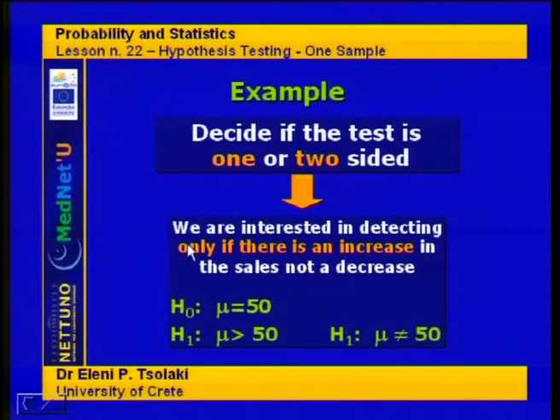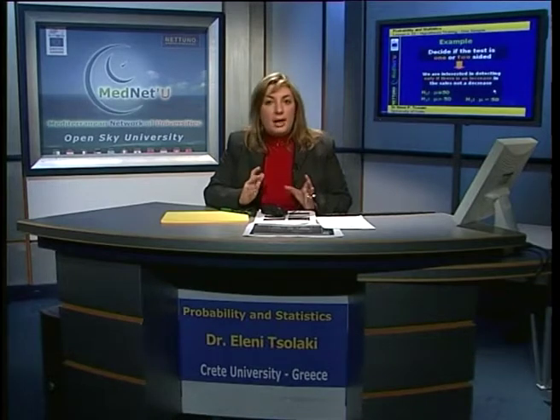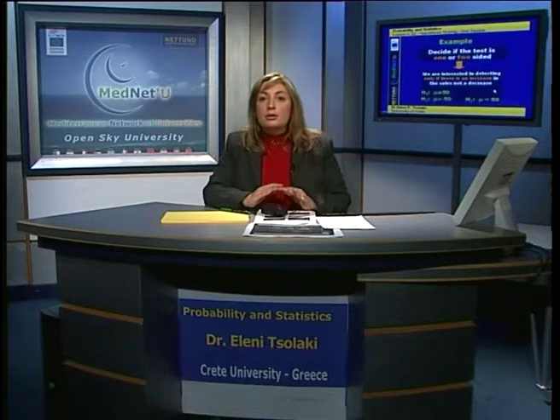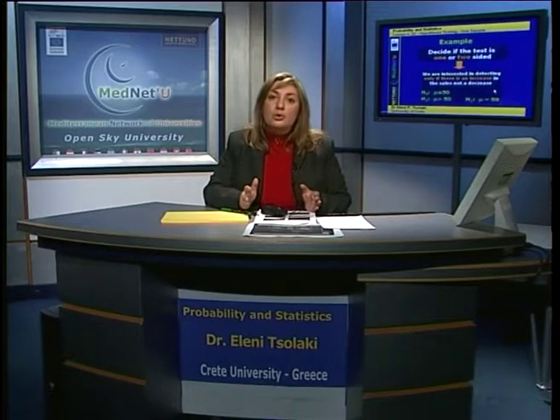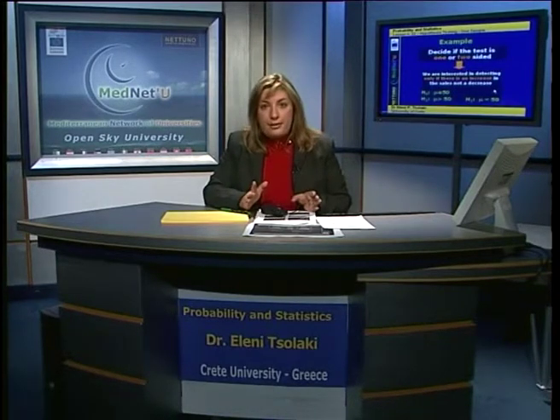Now for this particular example, we are interested in detecting only if there is an increase in the sales, not a decrease. So if there was a decrease in the sales, we are not interested. We are going to use our old method.